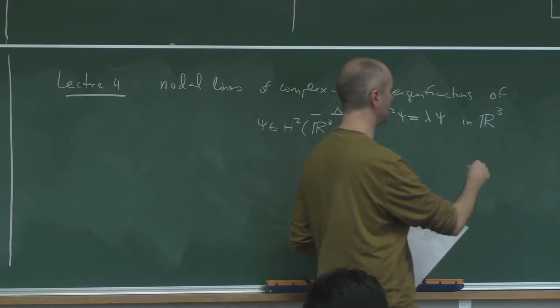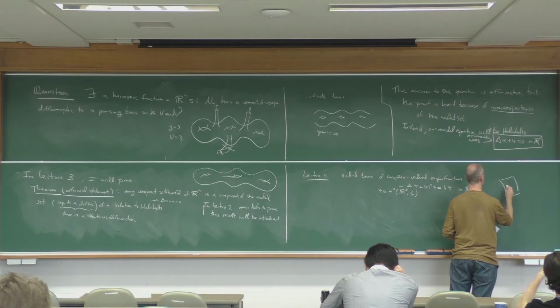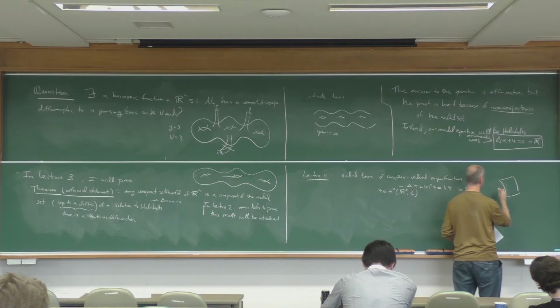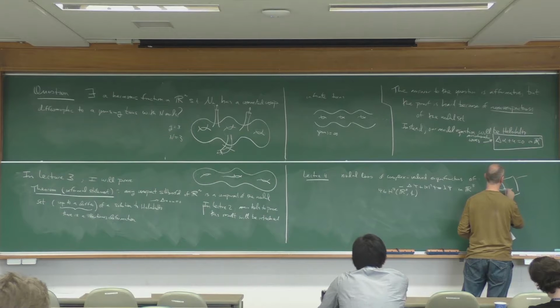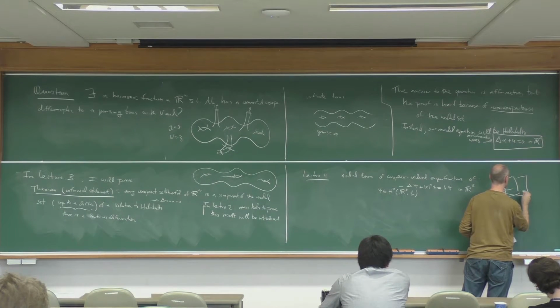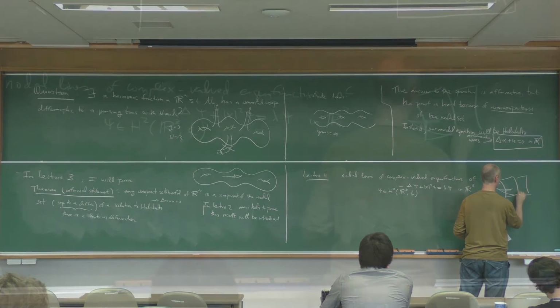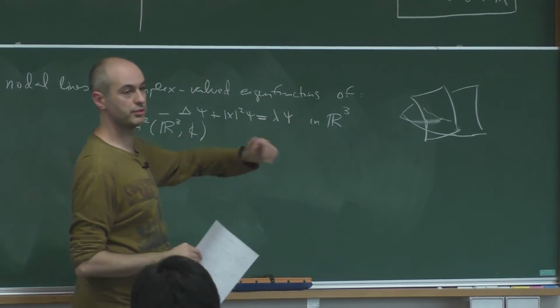Typically this is lines, it's the intersection of surfaces. That's why I talk about nodal lines: it's just the intersection of 2 surfaces.